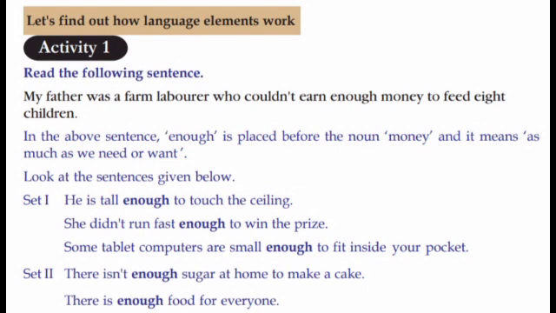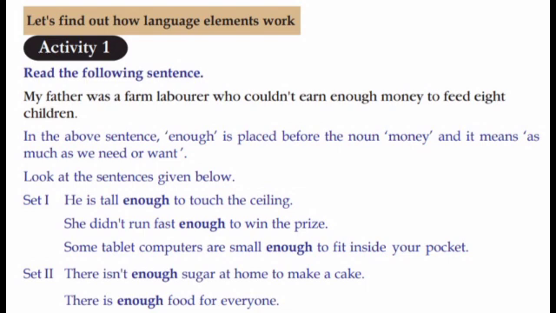Then, in the second set, there isn't enough sugar. Here, sugar is a noun and enough is used before the word sugar. That is, enough is used before a noun. Then, there is enough food. So, food is here a noun and enough is used before a noun.